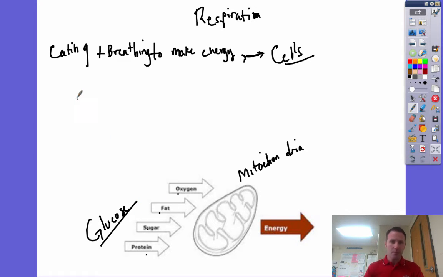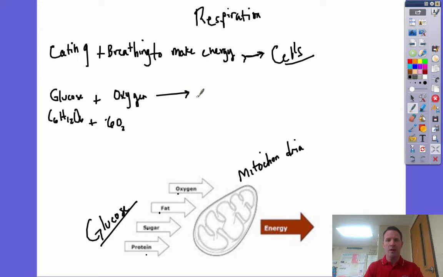So remember that we eat glucose, which is C6H12O6. We breathe oxygen, so that's 6O2. And we make energy, and our cell energy is ATP, so we make 36 of those.